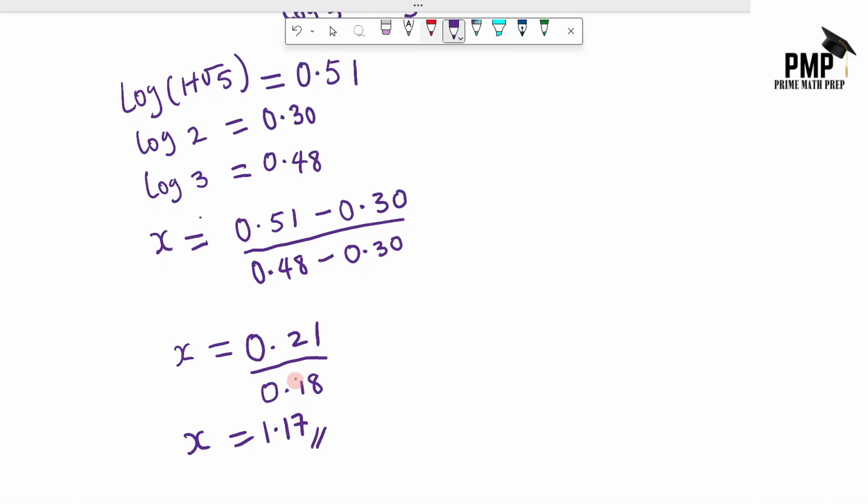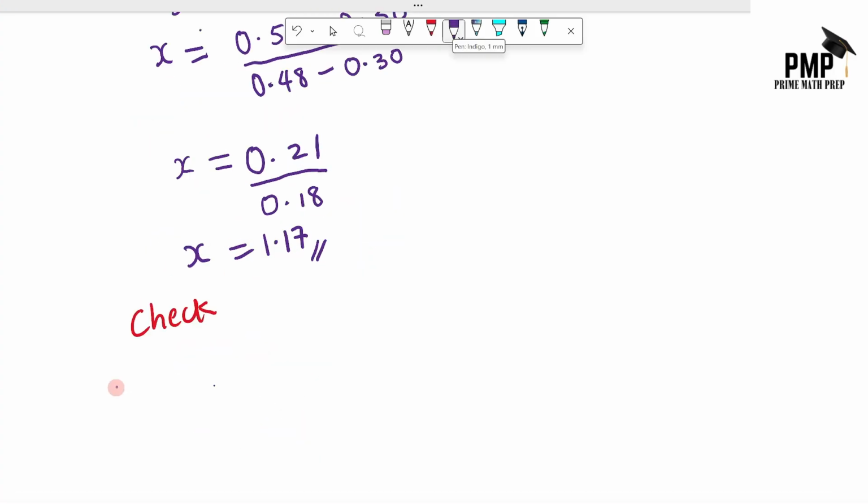We'll bring down our original equation, which is 9^x minus 6^x equal to 4^x. Let's see if we substitute this x into the left hand side, whether we are still going to get the same value as that on the right hand side.